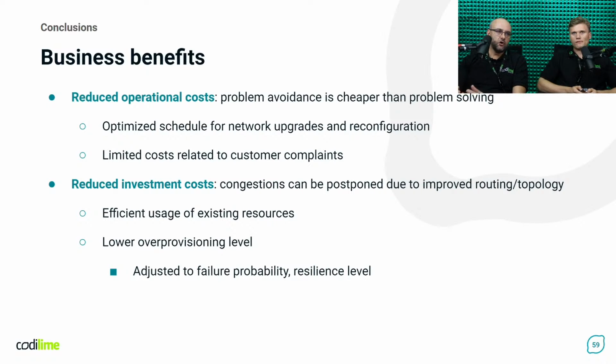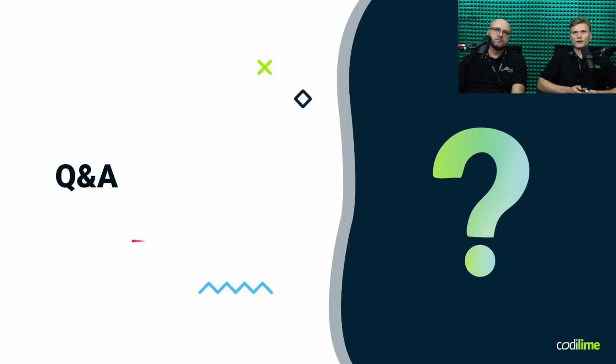I hope this talk will be some kind of inspiration for when a similar approach can be applied in your environment, in your network. And now it's time for a Q&A session, so feel free to ask questions.